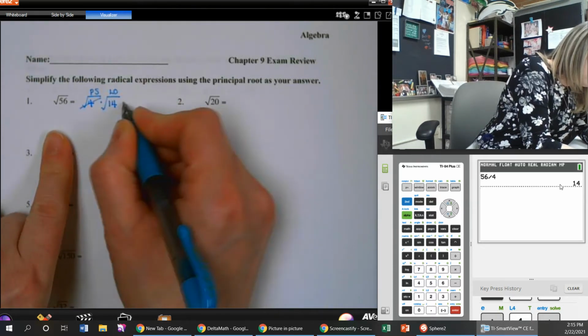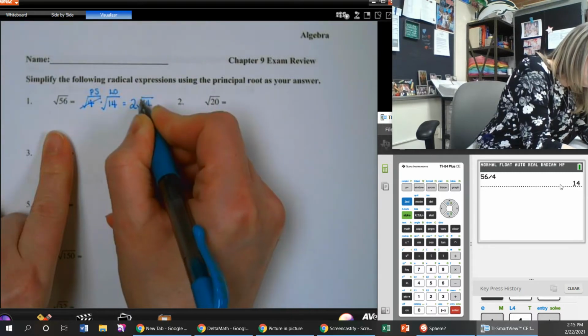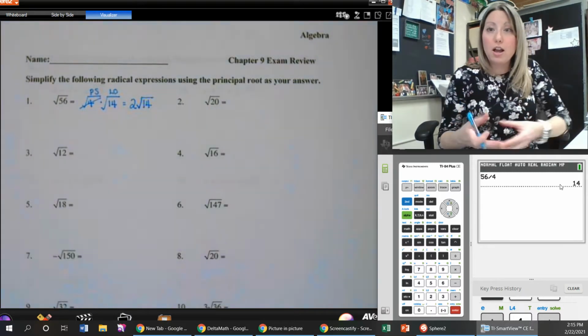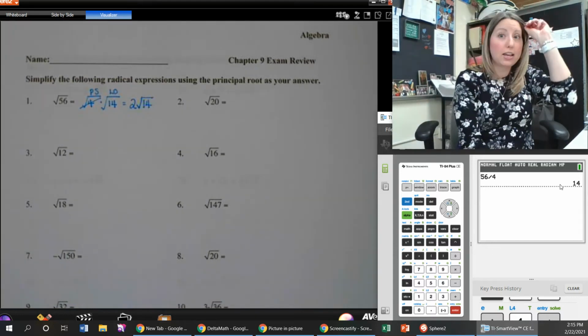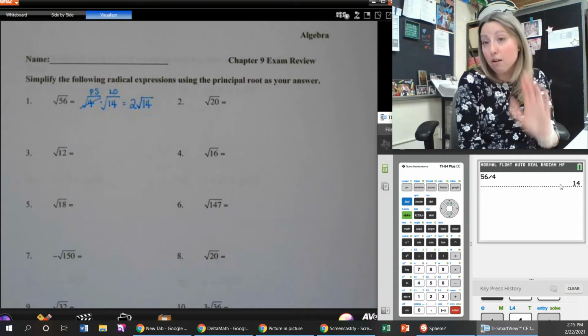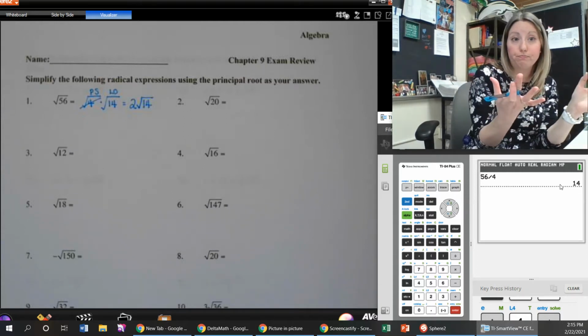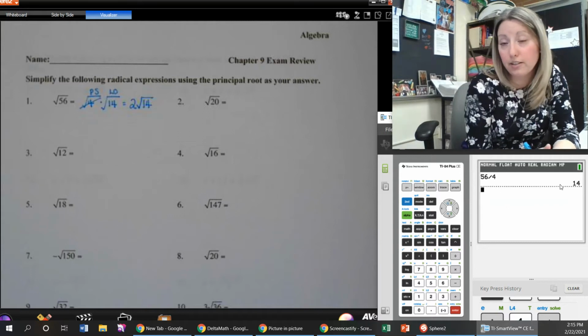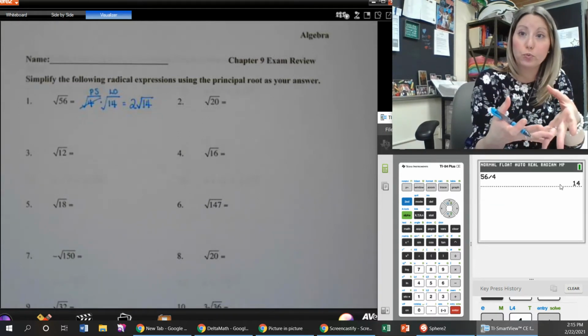What's the square root of 4? 2. Now that is your coefficient in front of your leftover radical, where the radicand in the leftover can never come out of the radical. That's it. There's your answer. So 2 radical 14 is how we say the answer. And again, we've practiced that before, but do make sure you're reading those correctly.